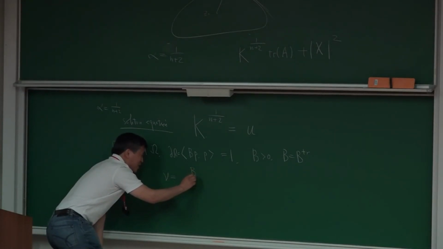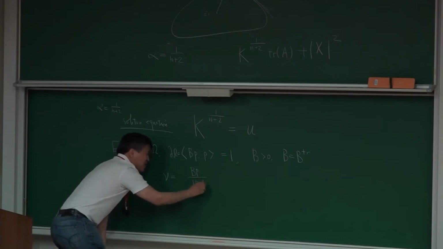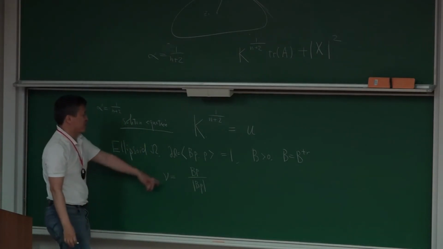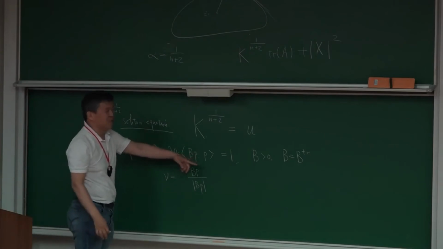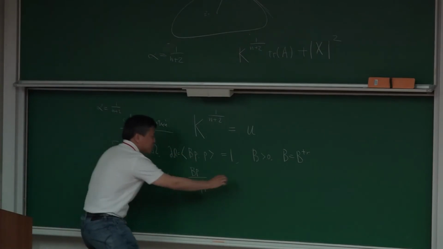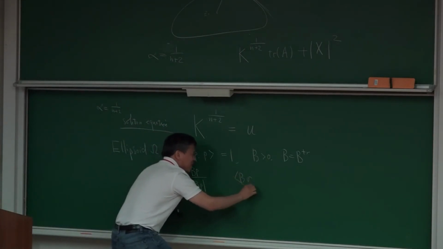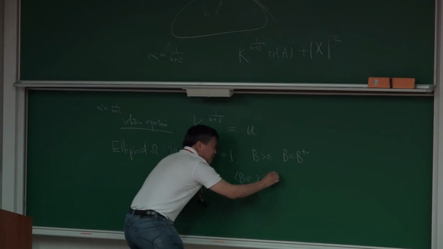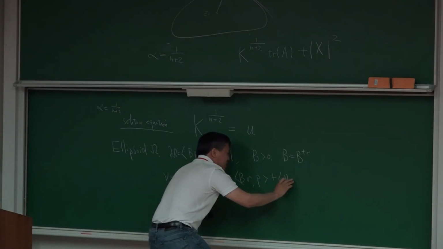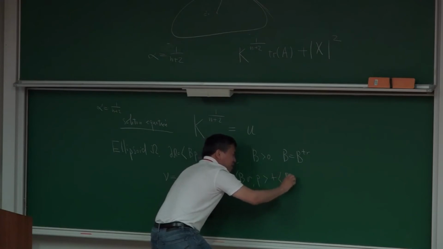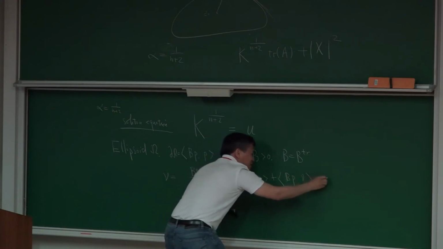The normal is BP over |BP|, because you just take derivatives of this. If you change P along a curve, you get BV·P plus BP·V equals 0.